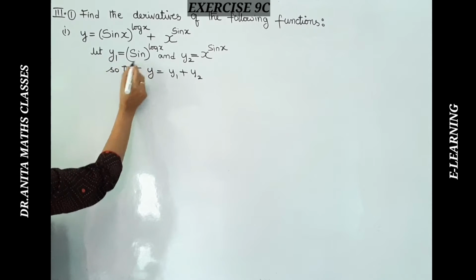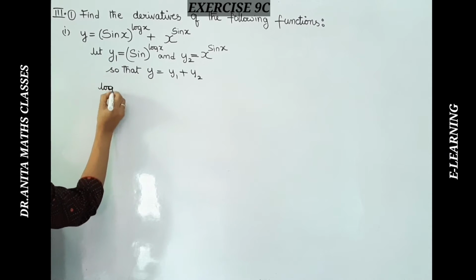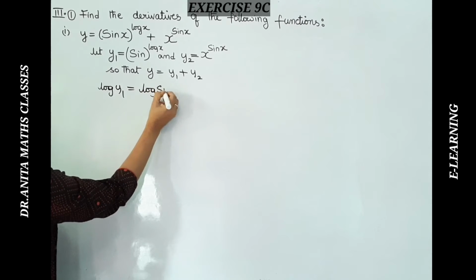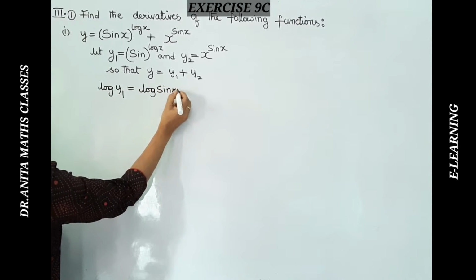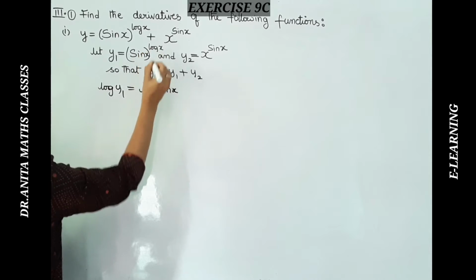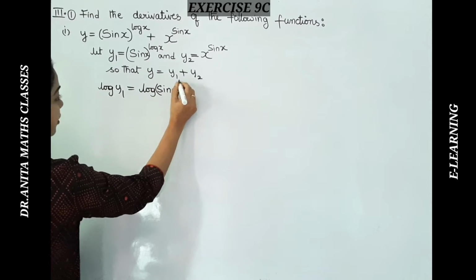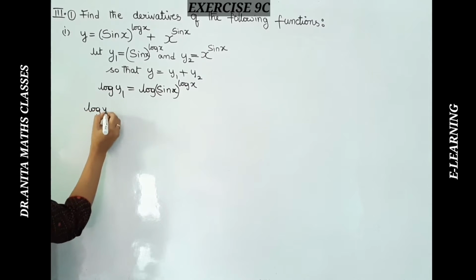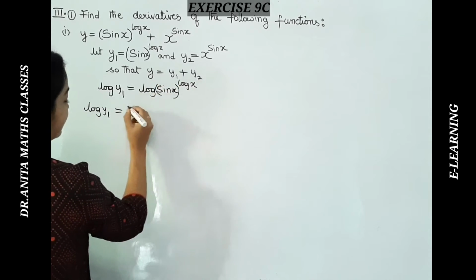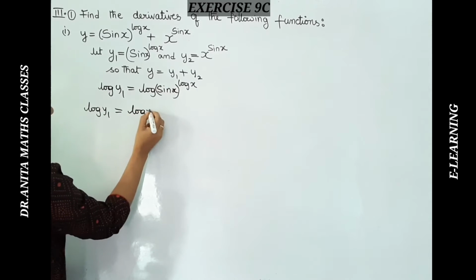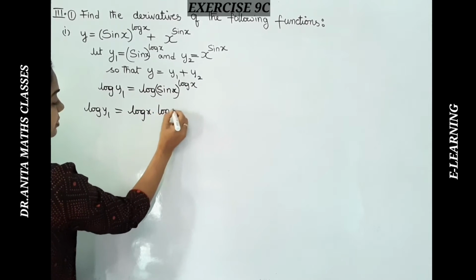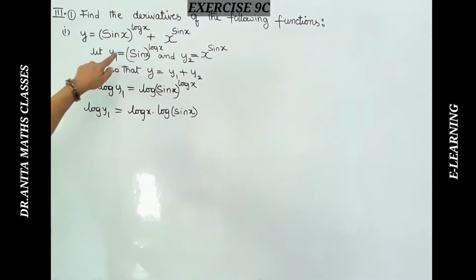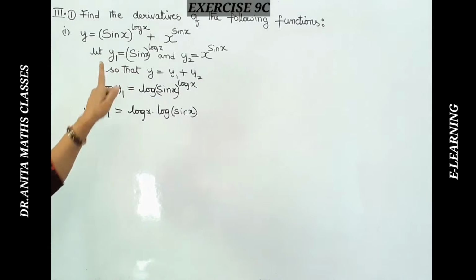Applying log both sides to this, so that comes to log of y1 equals to log of sin x raised to the power of log x, right? Now here log of y1 equals to, this power comes front, so that is log x multiplied by log of sin x. Yes, log of sin x, log x comes here, right?